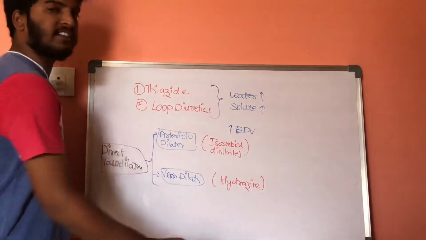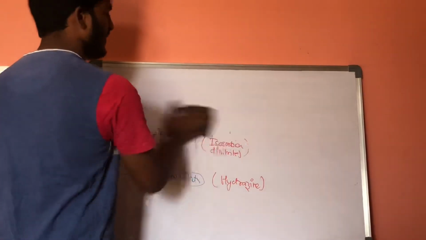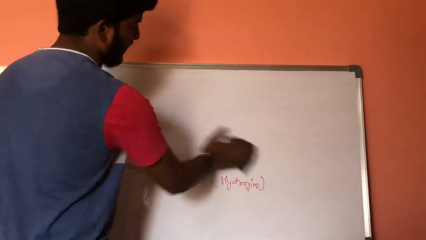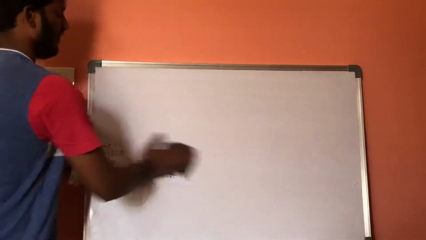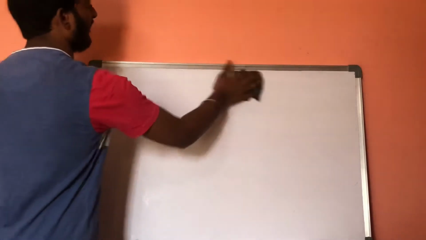Now, we have discussed the role of angiotensin converting enzyme inhibitors and the role of angiotensin receptor blockers, and we have completed the role of diuretics, and we have completed the role of vasodilators.